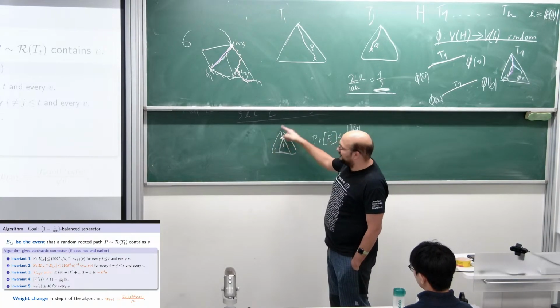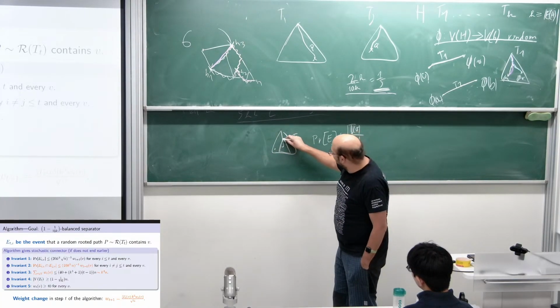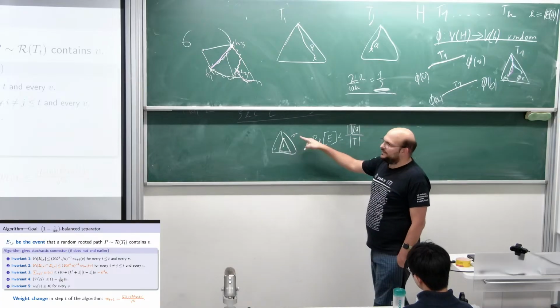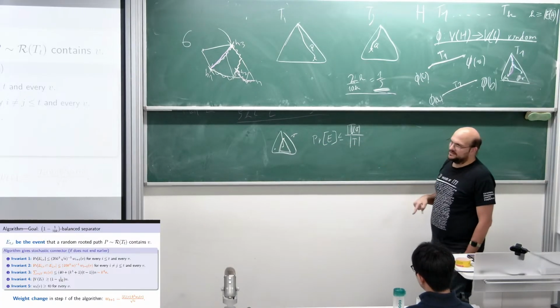If we sample somewhere else, then we don't hit v. We have to sample below v to hit v, and that's exactly this.